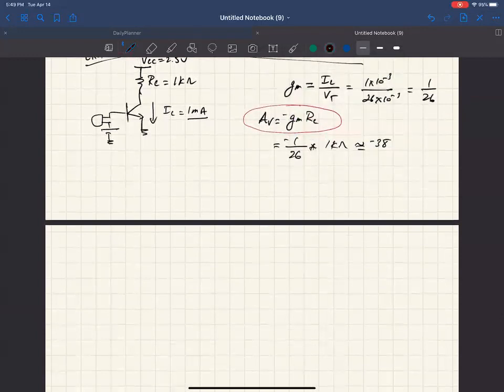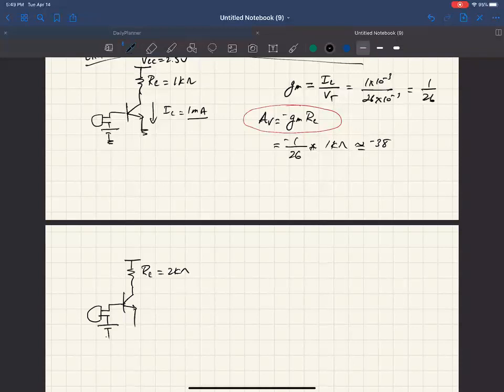Let's say we have R sub C now as 2 kΩ, doubled from the previous. Let's say we kept the input biasing the same so that the bias current is still a milliamp. Because the current I sub C is the same, GM should be the same as what we had before.